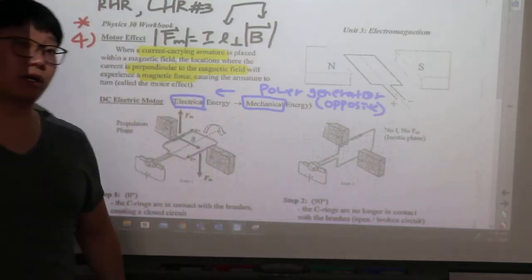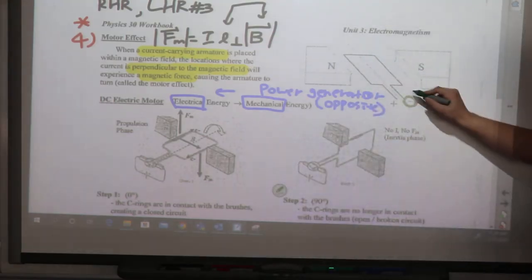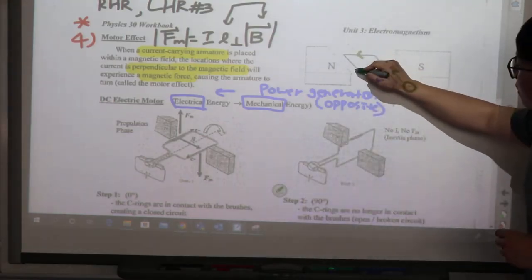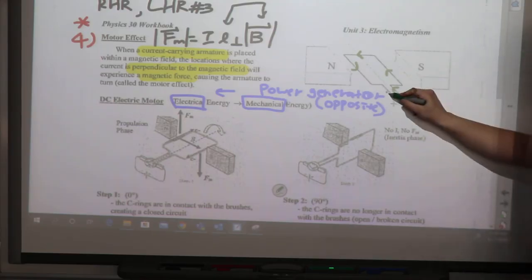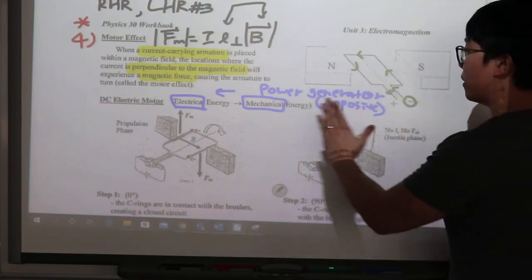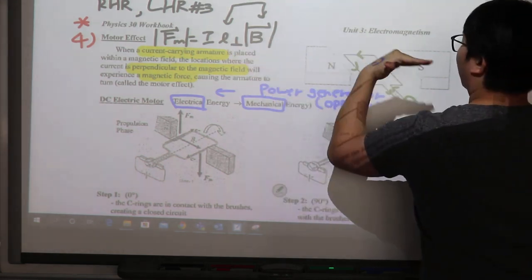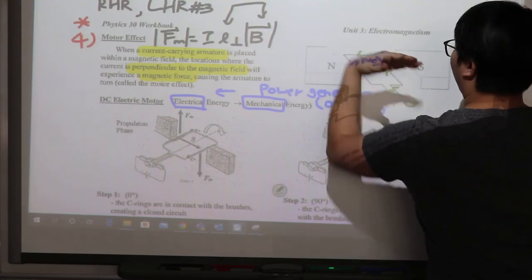Again, Science 30 talks about this more. So if I talk about electron movement, negative to positive. So first thing first, third rule, north to south is basically going left to right.